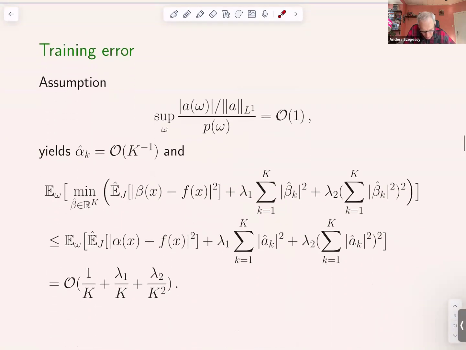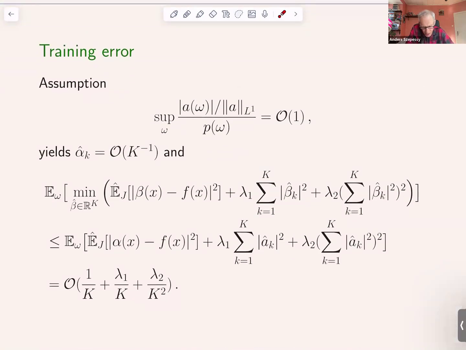Okay, so we have assumed for this test neural network alpha that the sampling density, here we have the optimal density divided by the sampling density, is bounded. That implies that for the test neural network, the amplitude functions are bounded by 1 over k.